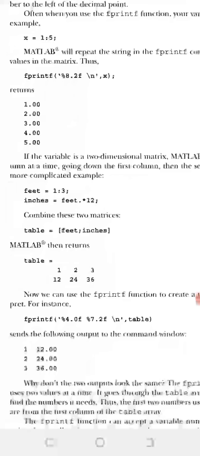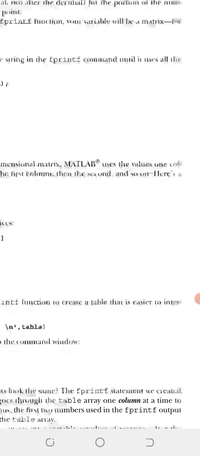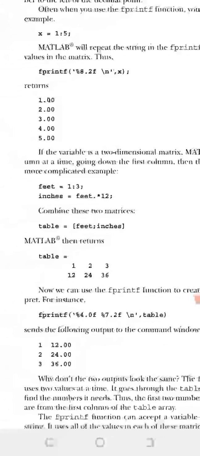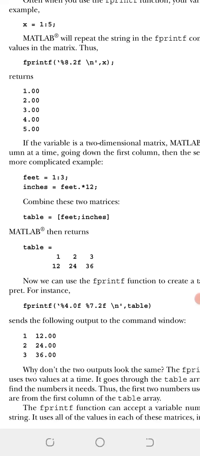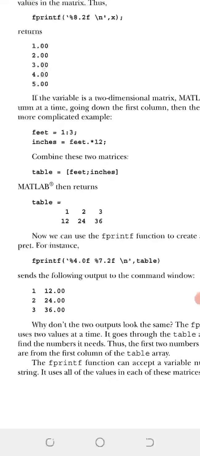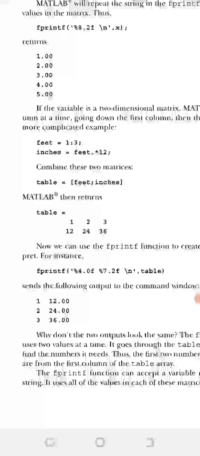Okay, let's look at another one. Here we have table. The variable table has 1, 2, 3, 12, 24, and 36 as its value, as its matrix. Now we want to print it on the screen.